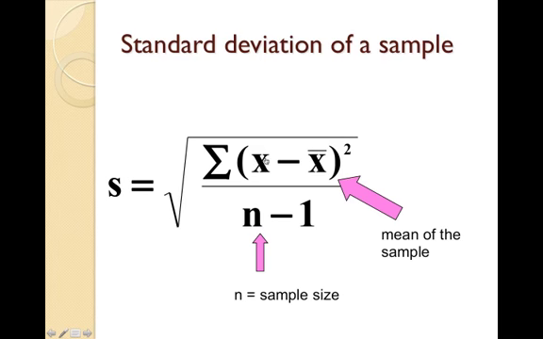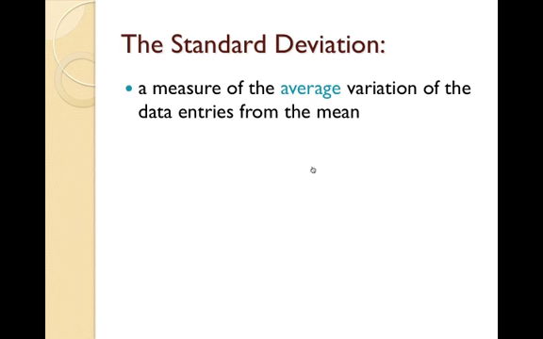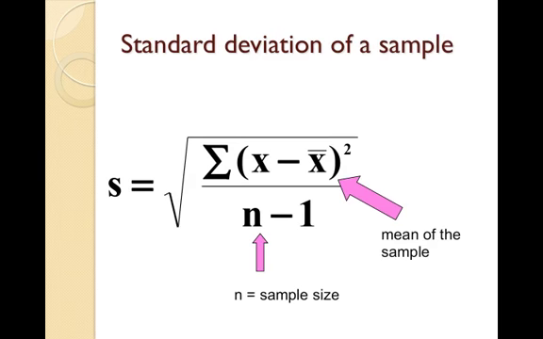What we're going to sum is that difference. Remember, it's the average variation of the data entries. So we're actually going to add up the sum of the squares of the difference between each observation and the average of that sample, so x minus x bar.